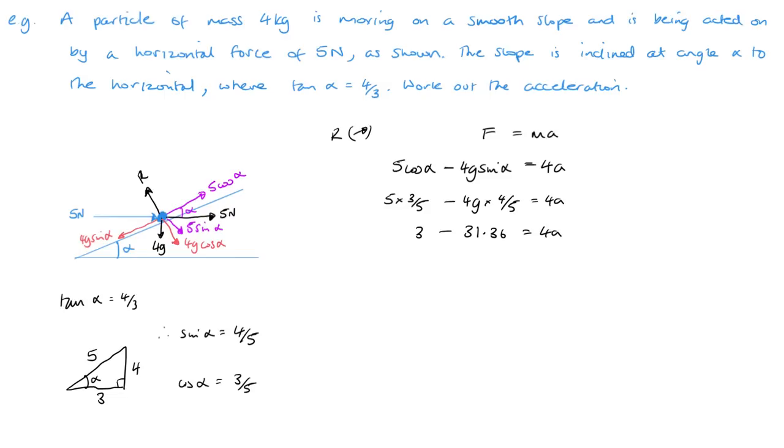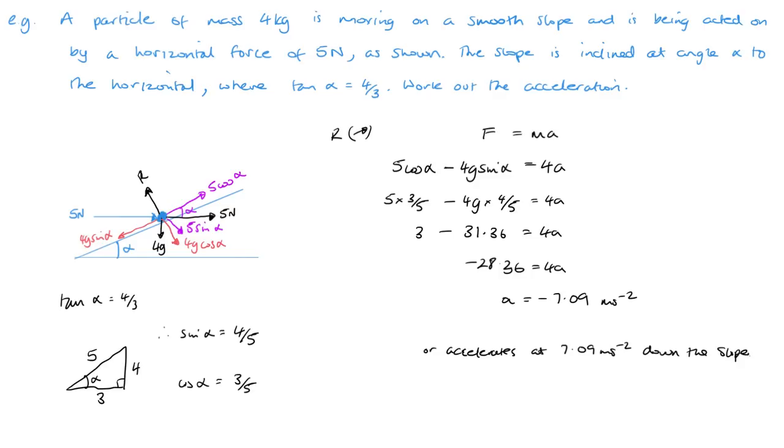So 3 minus that is negative 28.36. Divide by 4. We get that the acceleration is minus 7.09 meters per second squared, or accelerates at 7.09 meters per second squared down the slope.